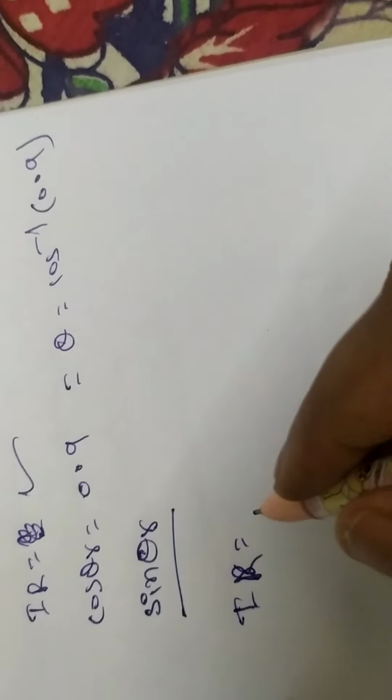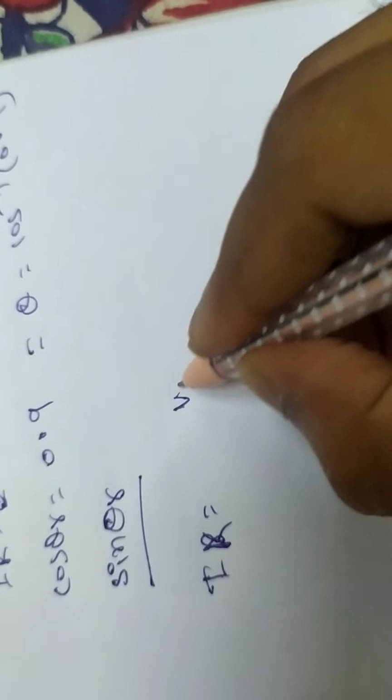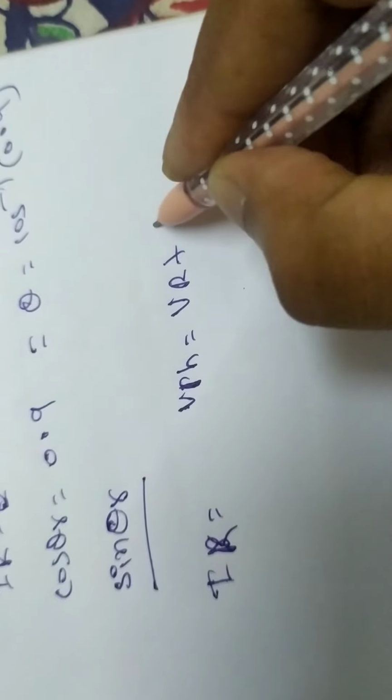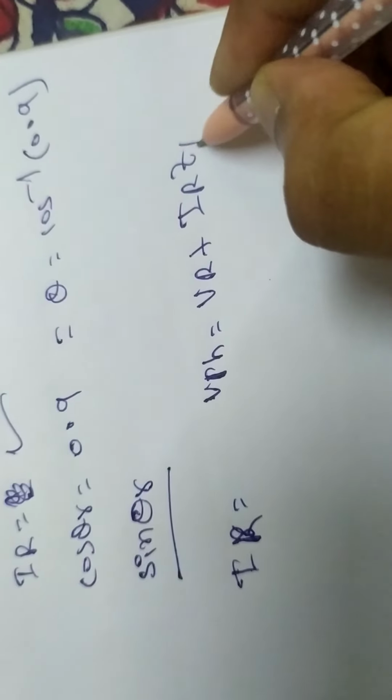Okay, now we know the receiving end current IR and the sending end voltage, and at the same time we have to find out V phase equal to VR plus IR ZR.